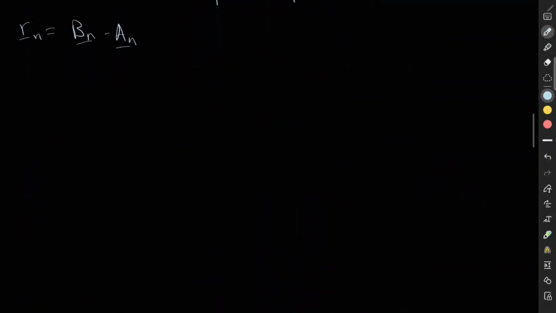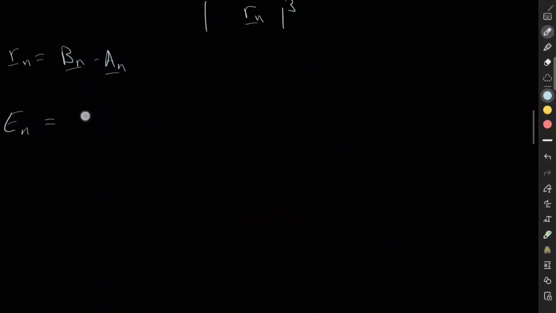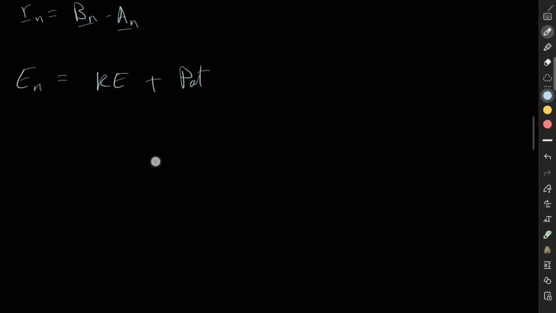Okay then, so let's see what the energy at some time step n would be. As we know, it's the sum of the kinetic terms plus the potential terms.